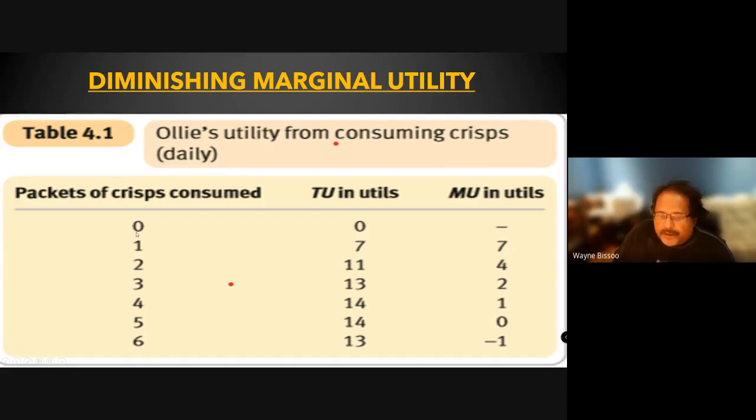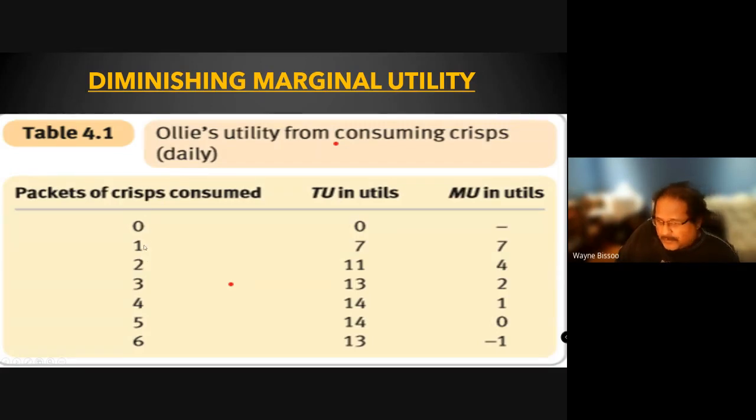So obviously, when you consume nothing, you get no satisfaction. That's why your total utility is going to be zero, and your marginal utility cannot be measured, because marginal utility is measured using a formula which looks at the change in total utility experienced when you consumed one more unit of a particular item. That will be this value here.